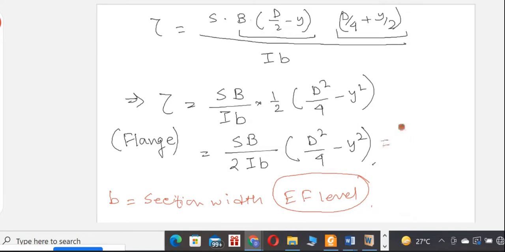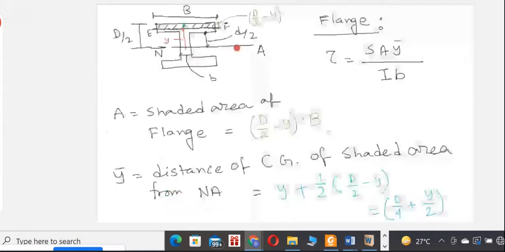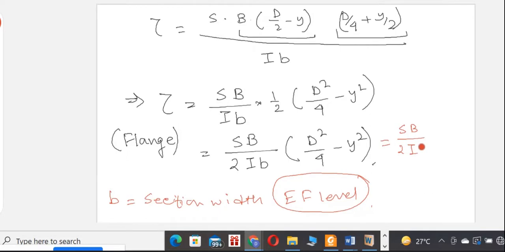Yes sir. So here S by B by 2 into I, this B is the section width at that EF level. As we are talking about the flange and the EF level is within this flange, the width will be capital B. So that's why we write it as capital B and the remaining portion remains the same.